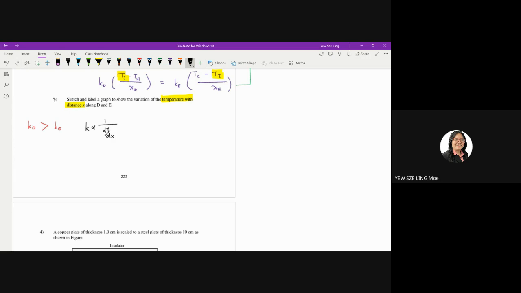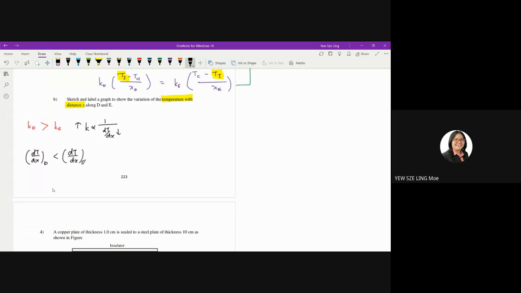So if your K is larger, then it means your dT over dx is smaller. Which means if KD is larger than KE, then the temperature gradient dT over dx for D should be smaller than dT over dx for E.